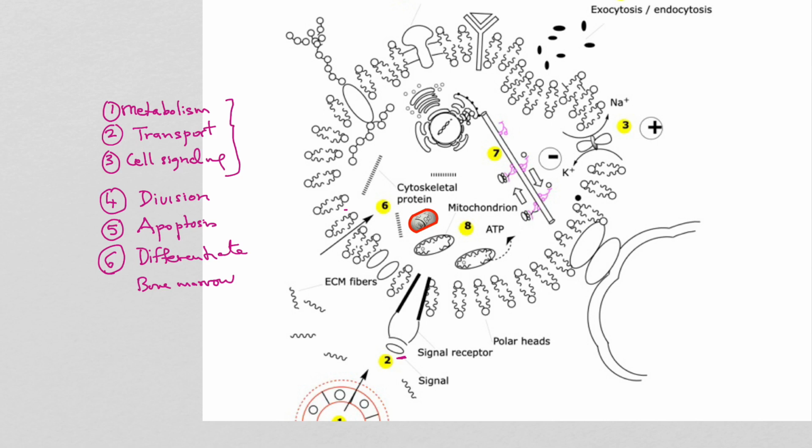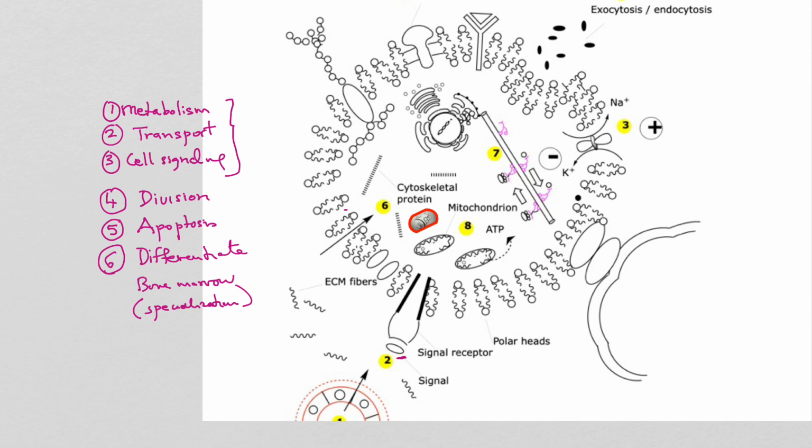For example, the red blood cell precursor stem cells that can become red blood cells. Differentiation or specialization. And this is especially very important when you were a zygote being transformed to a fetus and then growing from there on.